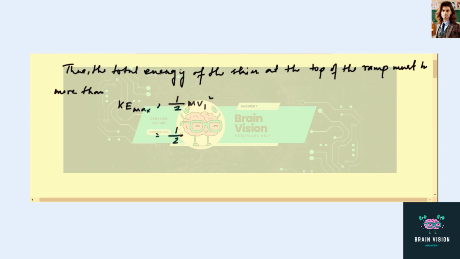So half m is 85 kg and v is 2 meter per second, that is 170 joule.